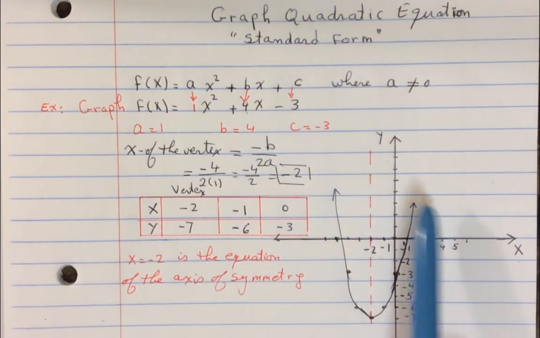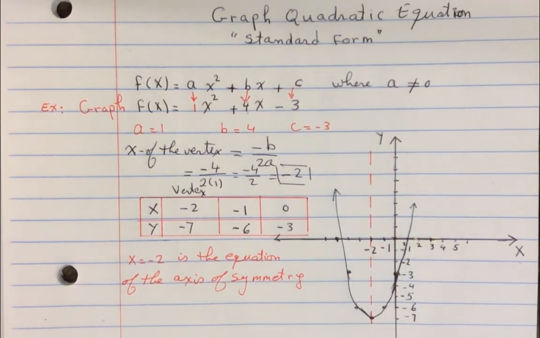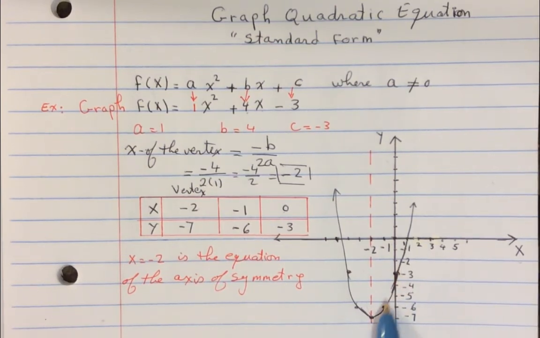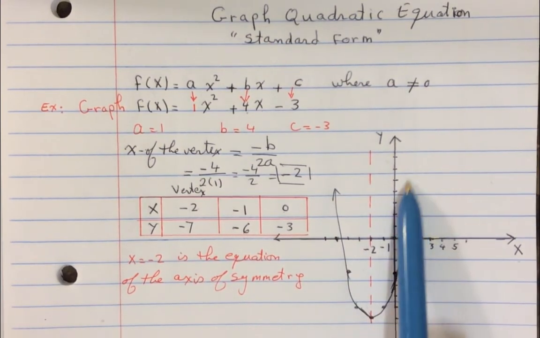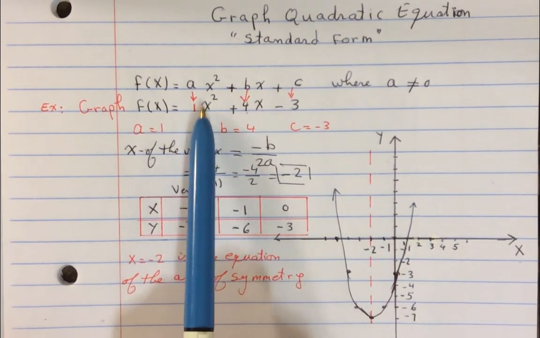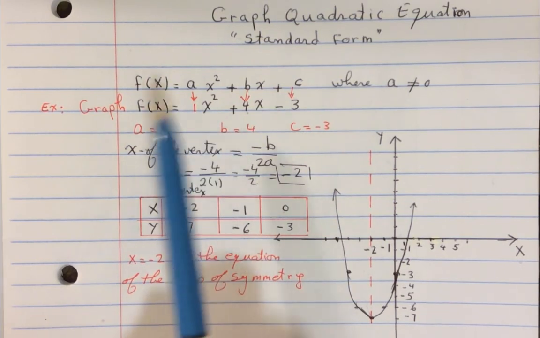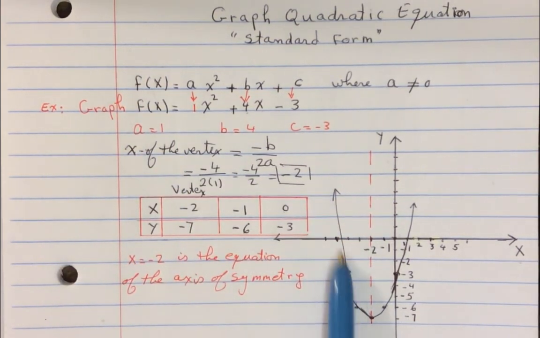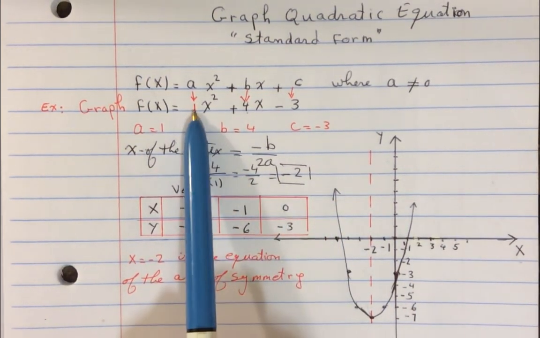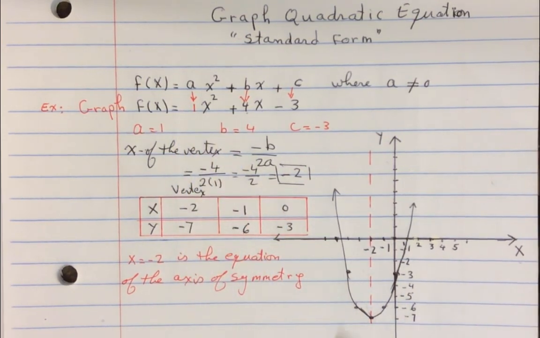You plot the points. The vertical line going through the vertex is your axis of symmetry. You reflect the other 2 points on this side, then you draw the U. Because the number in front of x squared is positive, we expect the parabola to open up. If we have a negative there, the parabola opens down. Alright, that's it.